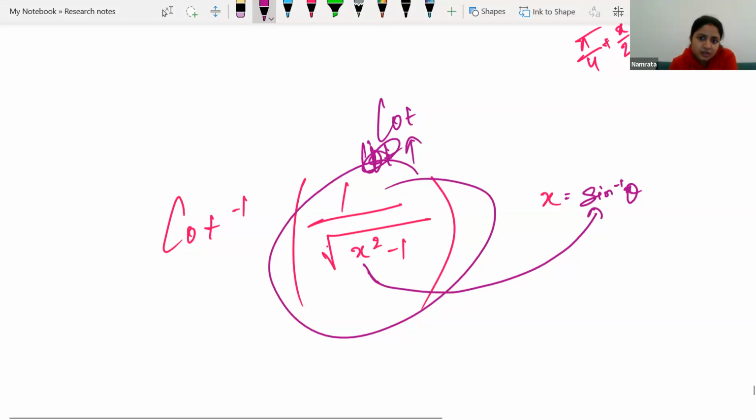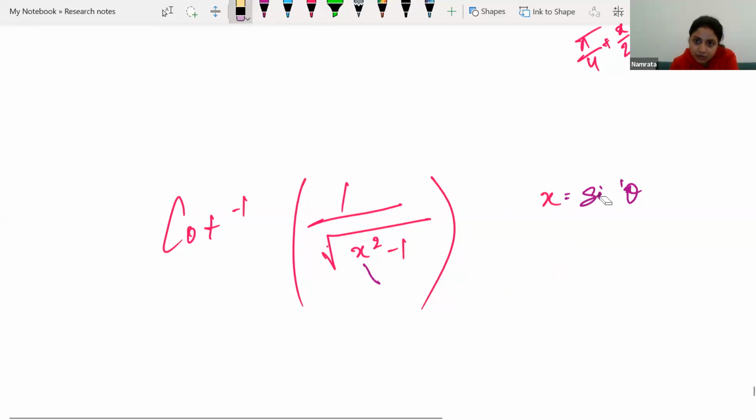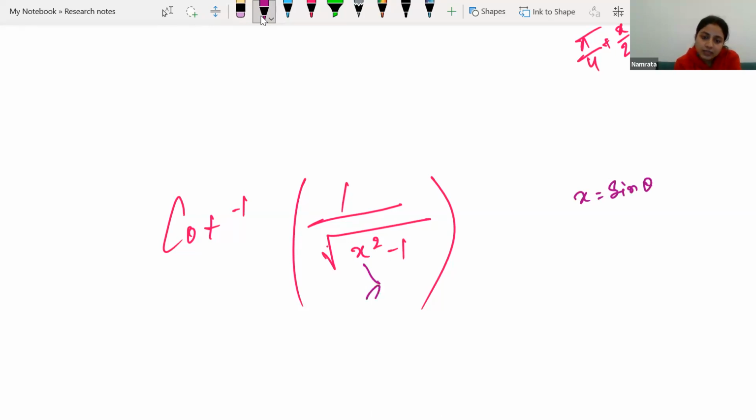Is there any formula? Sine theta whole square minus 1. Not sine inverse, only sine theta. We will take only sine theta. Let's see whether it's going to help us or not. So if we take x as sine theta, we get sine square theta minus 1.